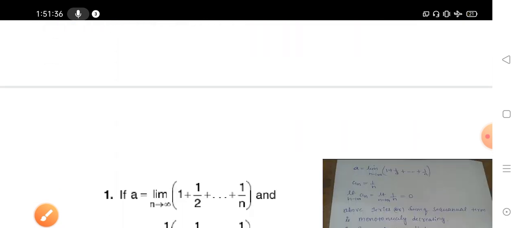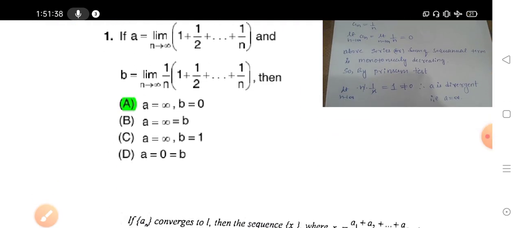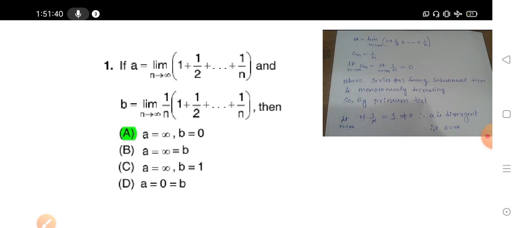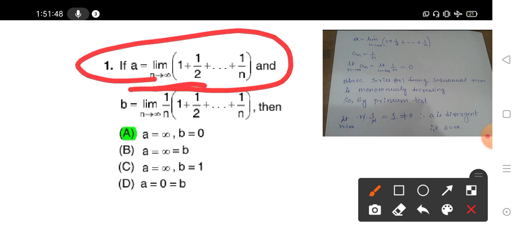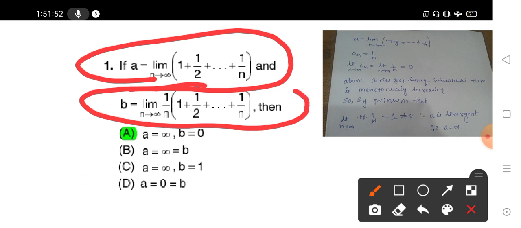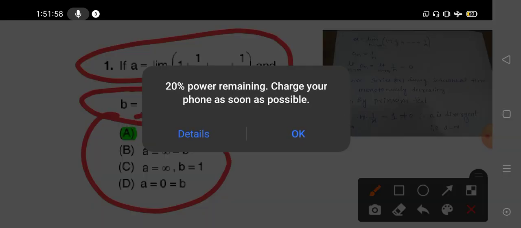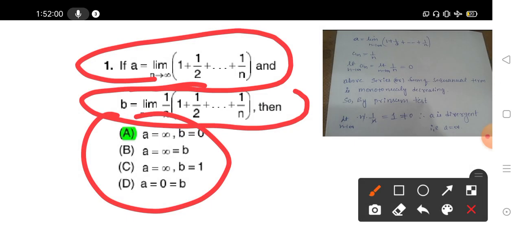Next question, if A is equal to limit n tending to infinity of 1 plus 1 upon 2 plus dot dot dot plus 1 upon n, and B is given as limit n tending to infinity of 1 upon n times (1 plus 1 upon 2 plus dot dot dot plus 1 upon n). Here two examples are given, A and B. Now find for the option.